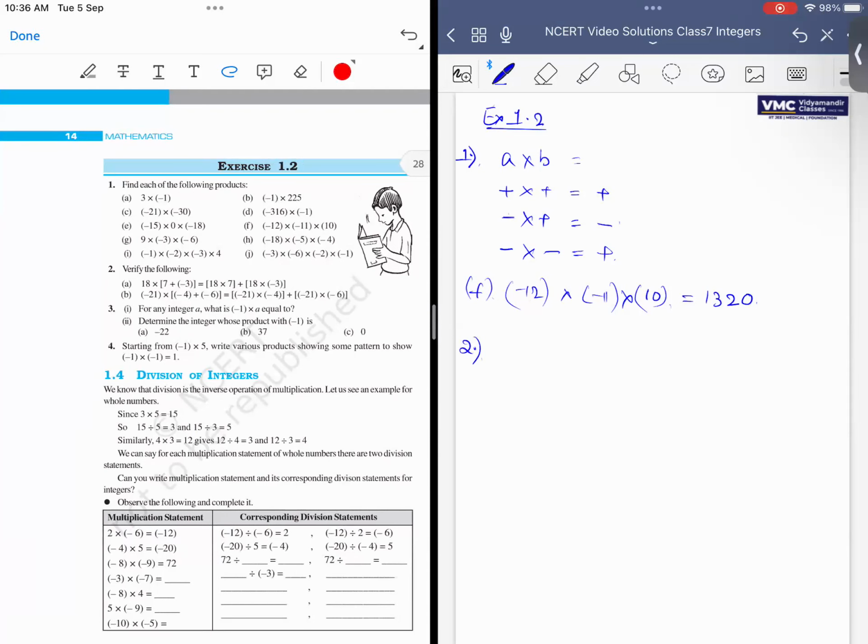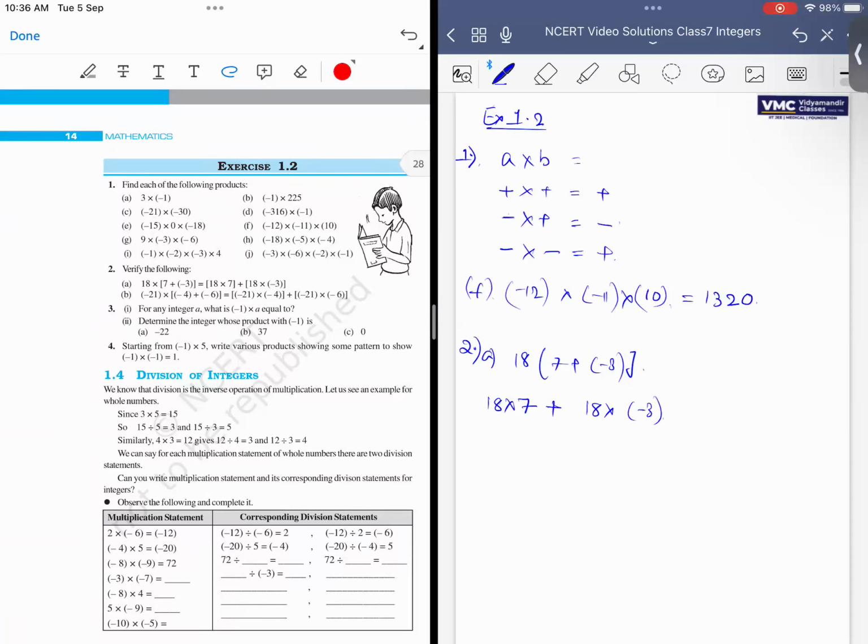Question number 2, verify the following. Which property is this? This is the distributivity of multiplication over addition. You see this first question, 18 times 7 plus minus 3. How do we open? 18 into 7 plus 18 into minus 3.